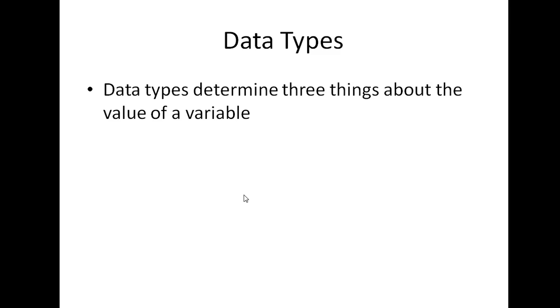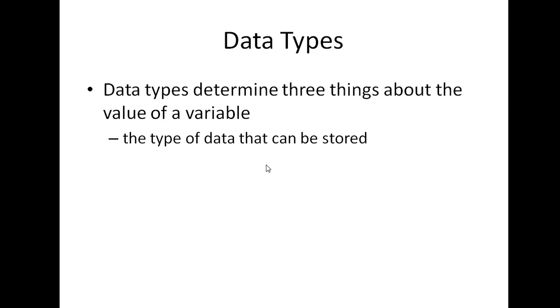All right, let me digress for a second. We're going to talk about different data types. A data type determines three things about the value of a variable. This is very important. When you set a variable up to be a certain data type, that's going to restrict three different elements about it. First of all, the data type will determine the type of data that can be stored.